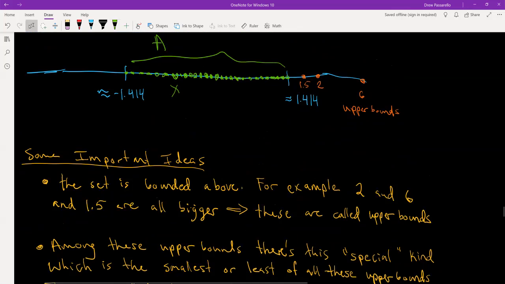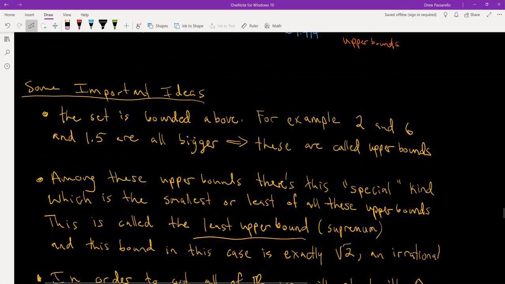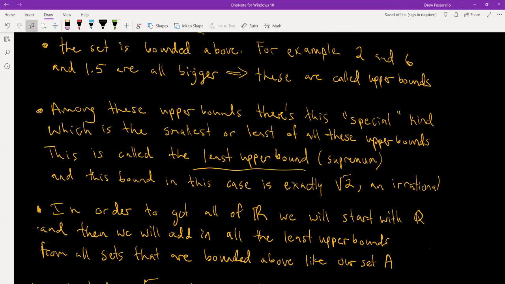Among these upper bounds, there's a special kind of upper bound, the smallest or least of these upper bounds. This is called the least upper bound, or the supremum. The bound in this case is exactly the square root of 2, which is an irrational number.